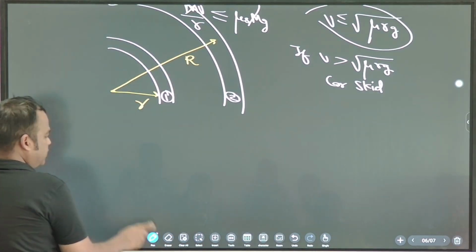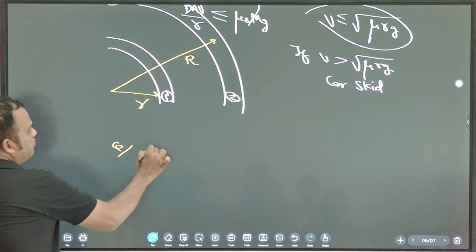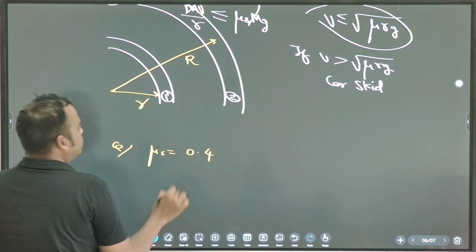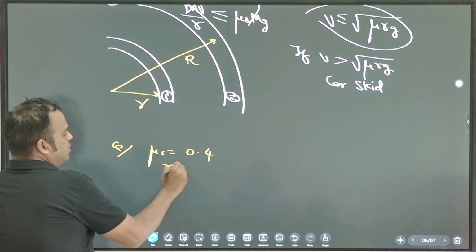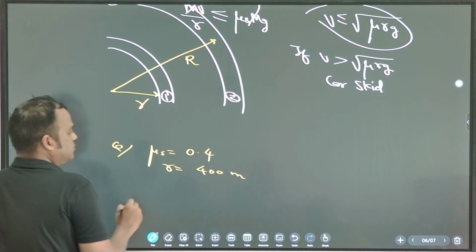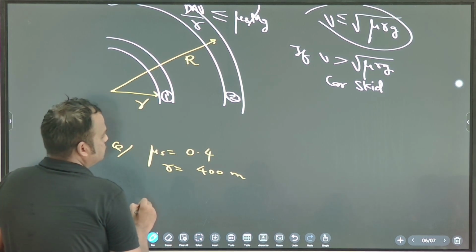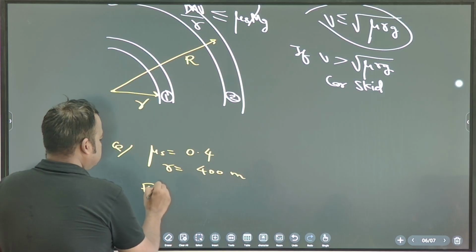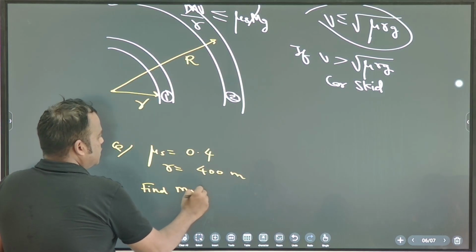Now solve one question. Mu s is given as 0.4. R is given as 400 meter. Take the value of g as 10.